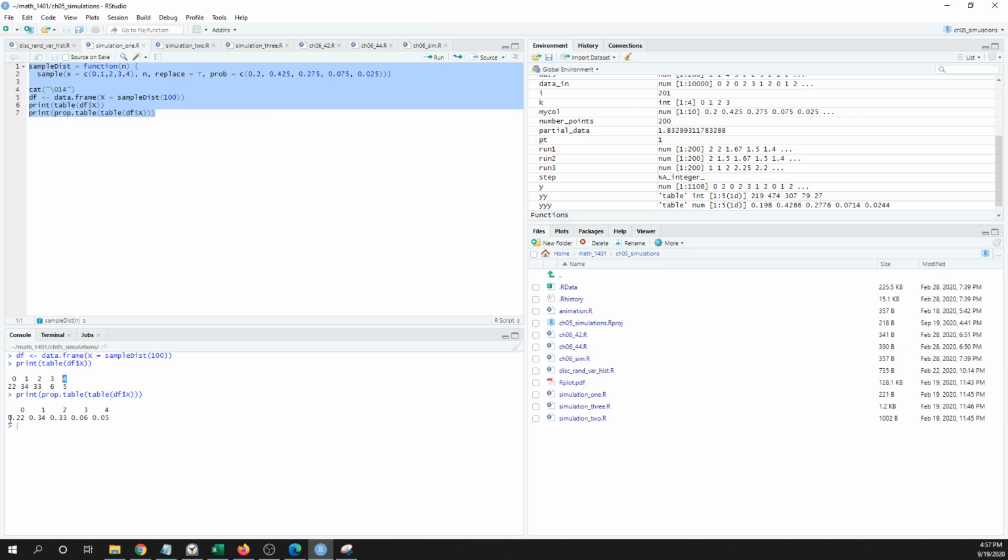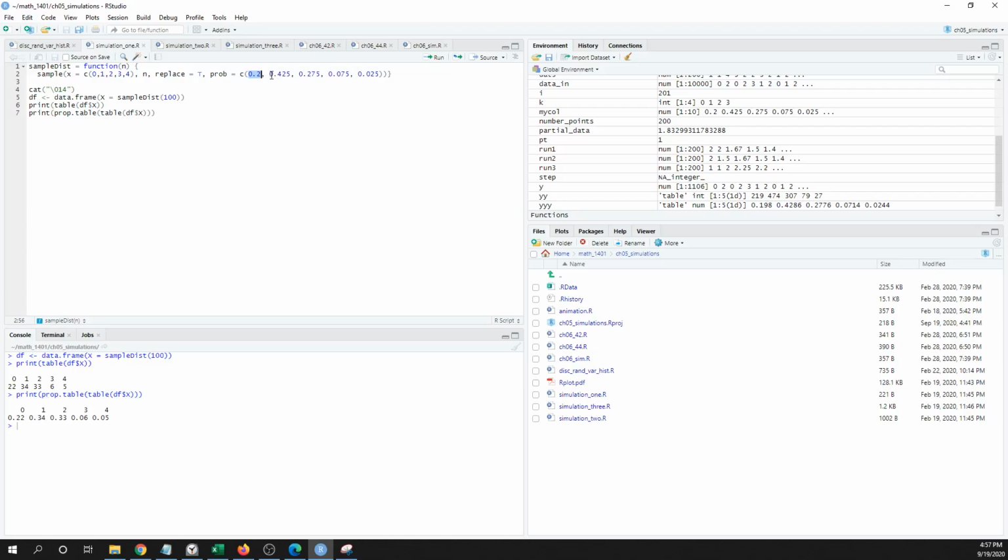All right, so here's my probabilities over here. 0.22, 0.34, 0.33, 0.06, 0.05. So again, these numbers aren't exactly the probabilities that we have. 0.22, I got it when I did 100 times. That's my proportion distribution, right? 22% of the times. The probability was 0.2.